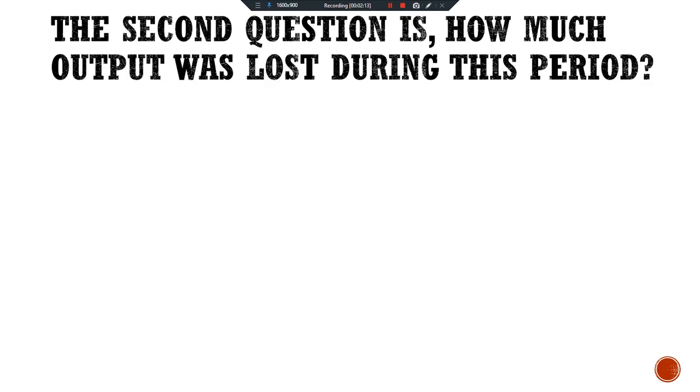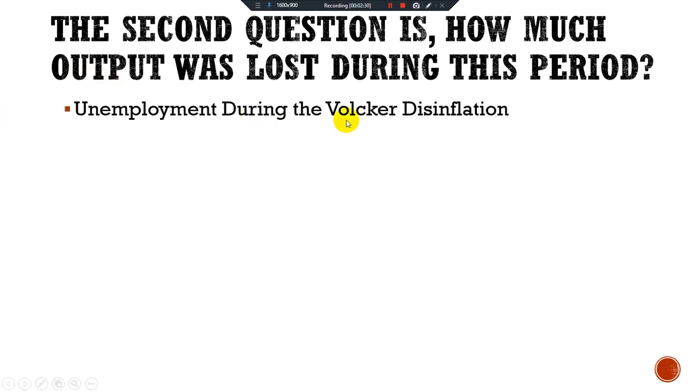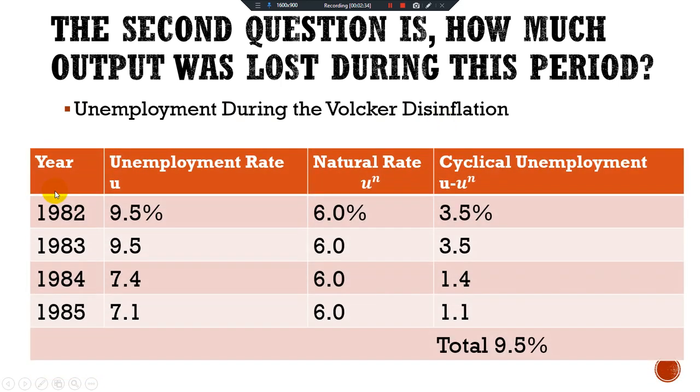The second question is how much output was lost during this period. Okay, we have here data related to unemployment in the United States during the Volcker disinflation period. We have data from 1982 to 1985 showing the unemployment rate during that period.